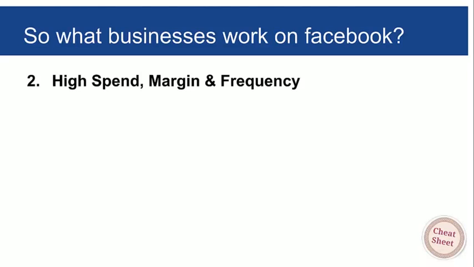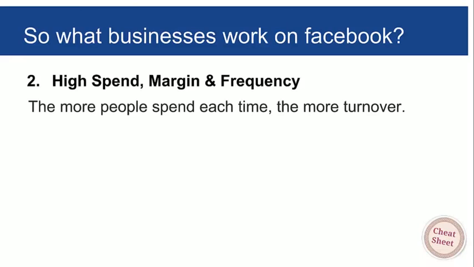Because the more opportunities there are for people to buy from this particular business, the more opportunities there are for them to interact with it on Facebook. Okay? So it needs to be something where people spend a significant amount of their budget, right? You're not looking at things where people are going to be spending a single figure amount once every now and again, right? You want something where people are going to be spending a significant amount of their household budget every week.